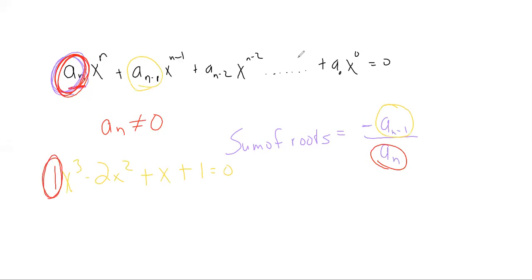That goes on bottom. The coefficient of the second term, that's the third, so I have to look at the squared term, is negative 2. So I have negative, negative 2. So the sum of the roots is just 2. That's all you have to do.